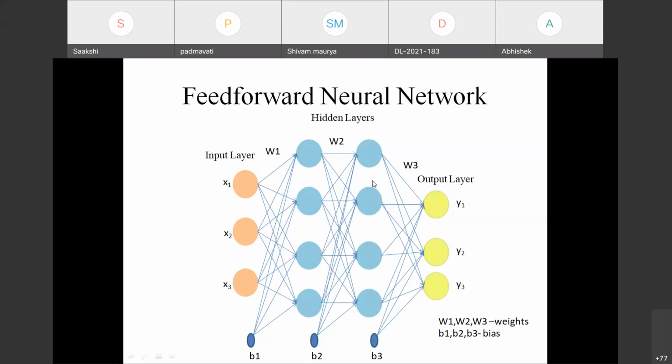Similarly, all neurons of the second hidden layer are connected with all neurons of the output layer. That is why, while defining the feed-forward neural network, I used the term dense, because these networks are densely connected.